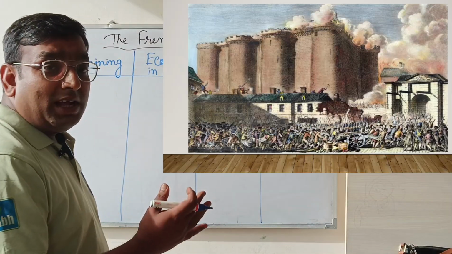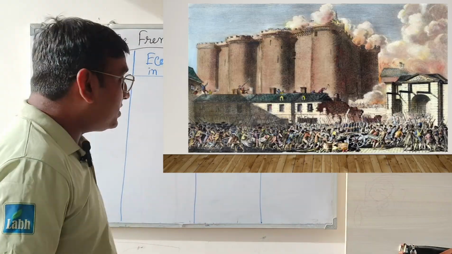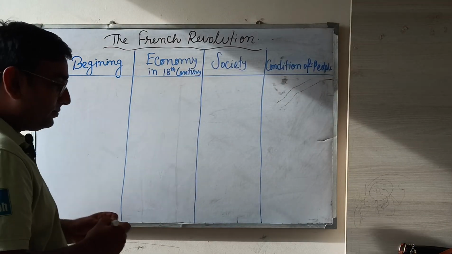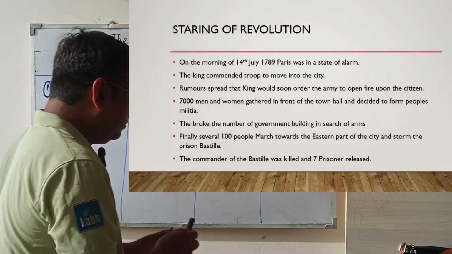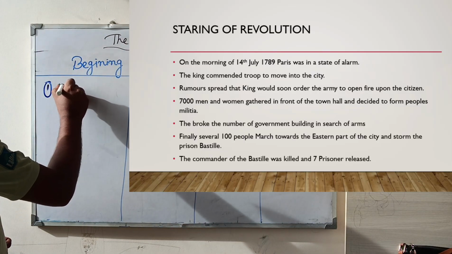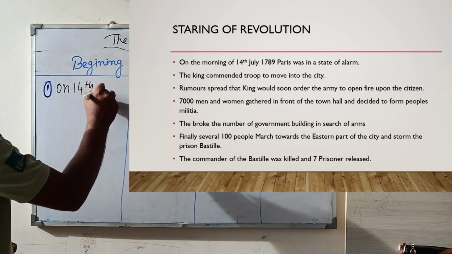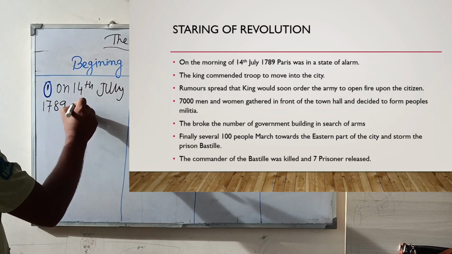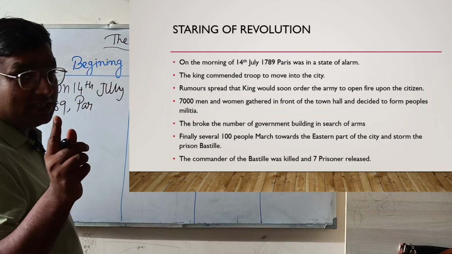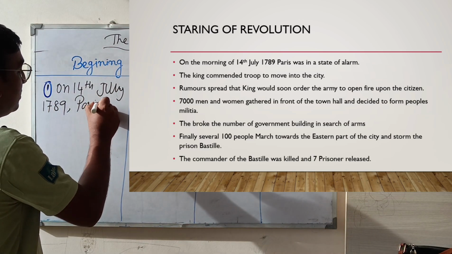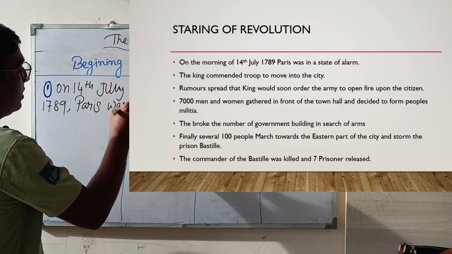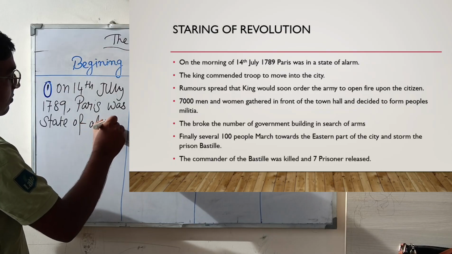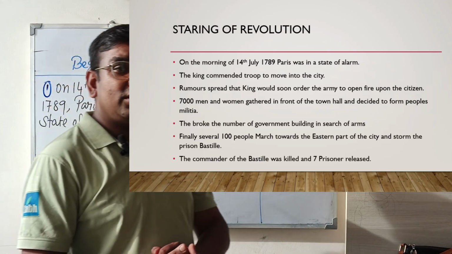So we will go to the previous events before the storming of the Bastille. First, on the morning of 14th July 1789, Paris, the capital of France, was in a state of alarm.